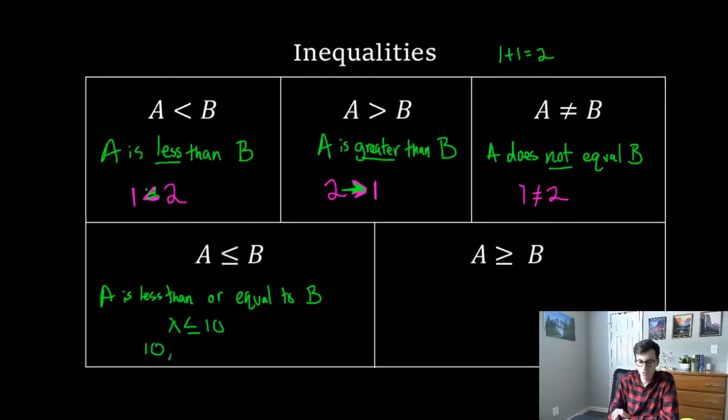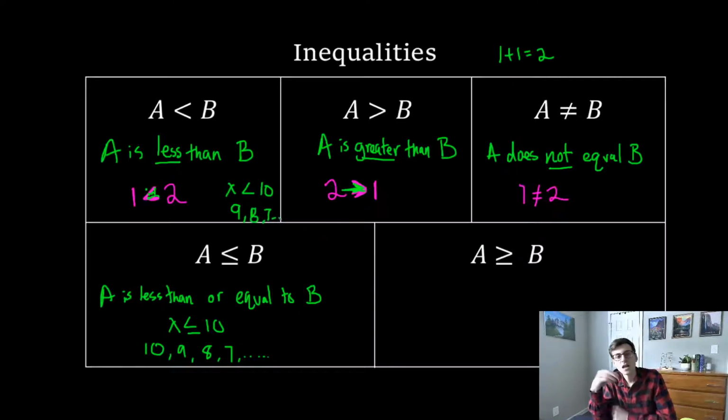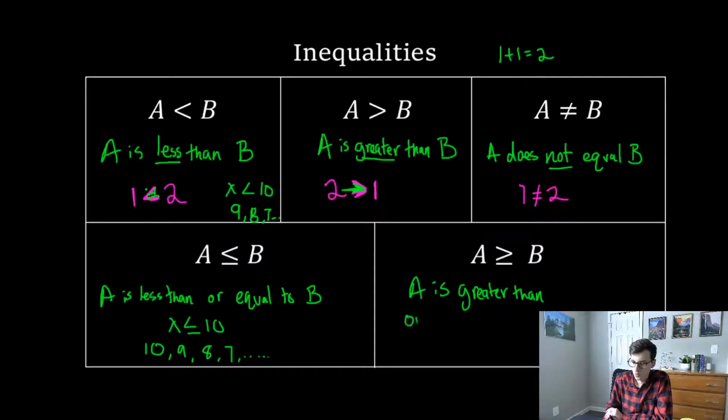So it could be 10 or 9 or 8 or 7 or anything, right? Versus up here, if I were to say X is less than 10, well, it couldn't be 10 itself. It would just start at 9 or 8 or 7, right? So that includes the number. In the same way for greater than, A is greater than or equal to B, right? Larger than or included.